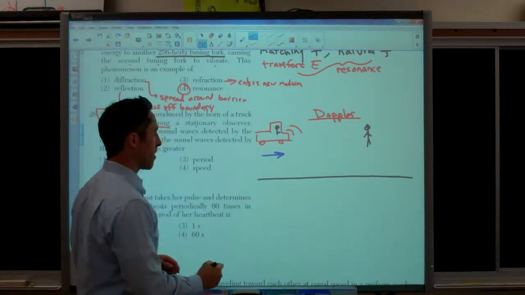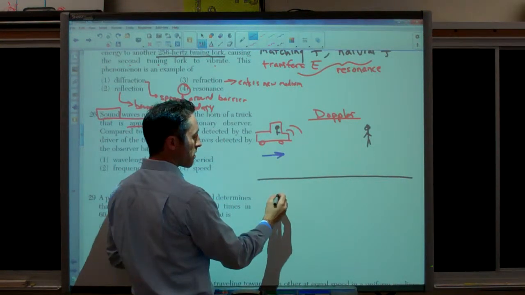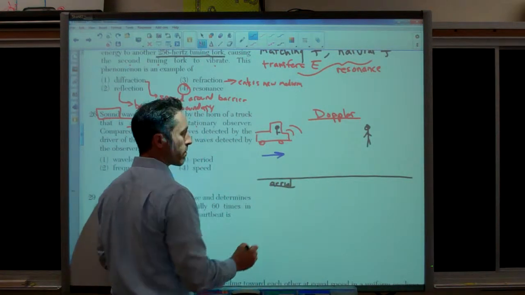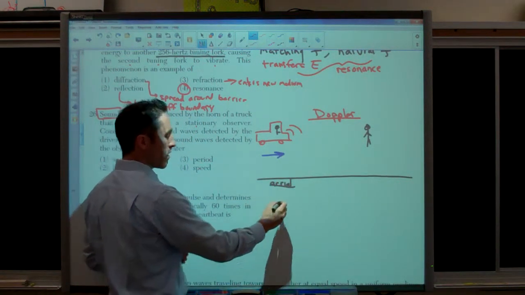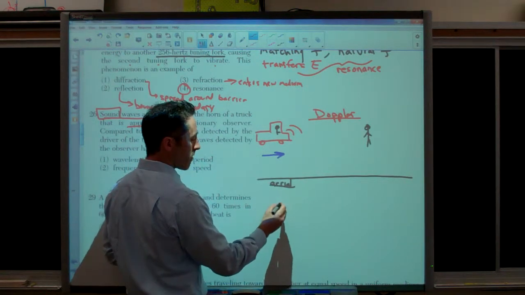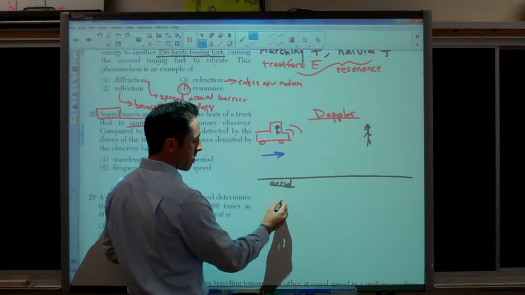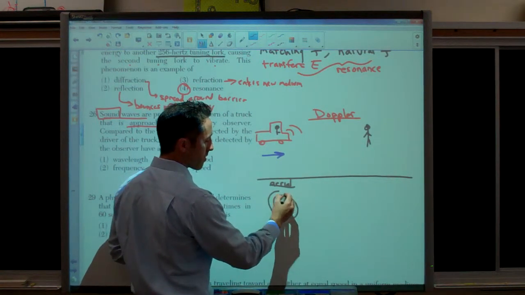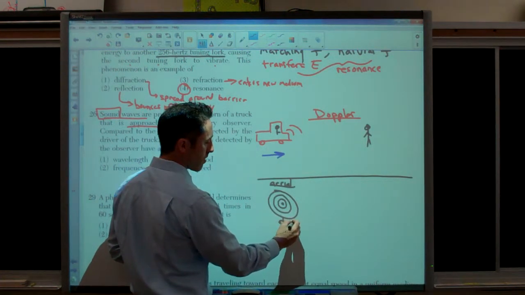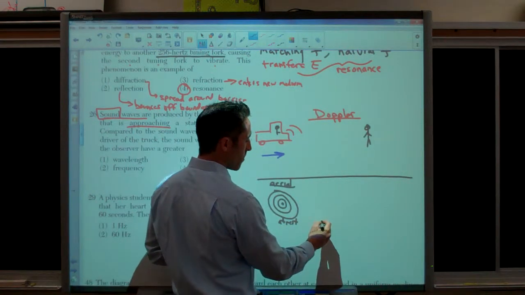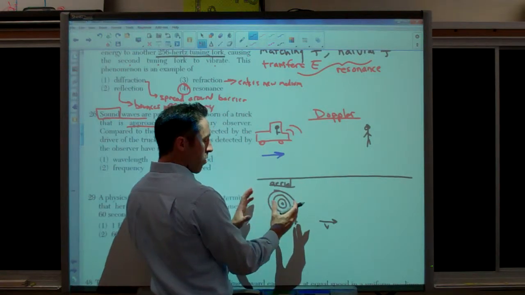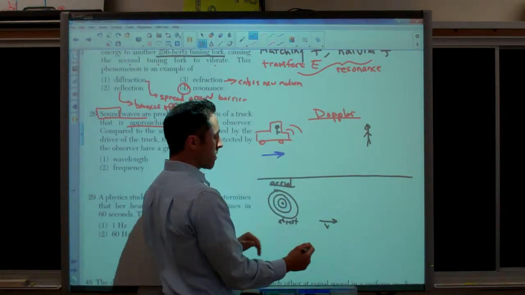Breakdown is as follows. If the truck is sitting still, this is now the aerial view, or the top view. If the truck is sitting still, here's the driver. What you'll get are waves that move out around it in nice concentric rings like this. The truck is at rest. If the truck is moving to the right, this whole picture actually gets squeezed in this direction.